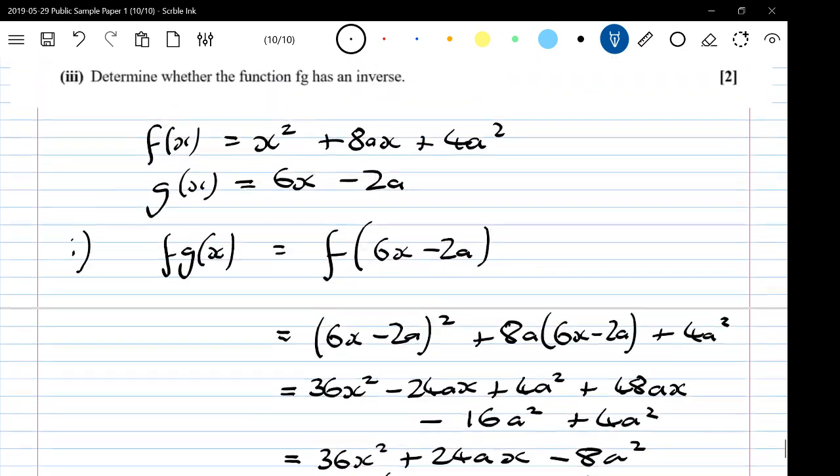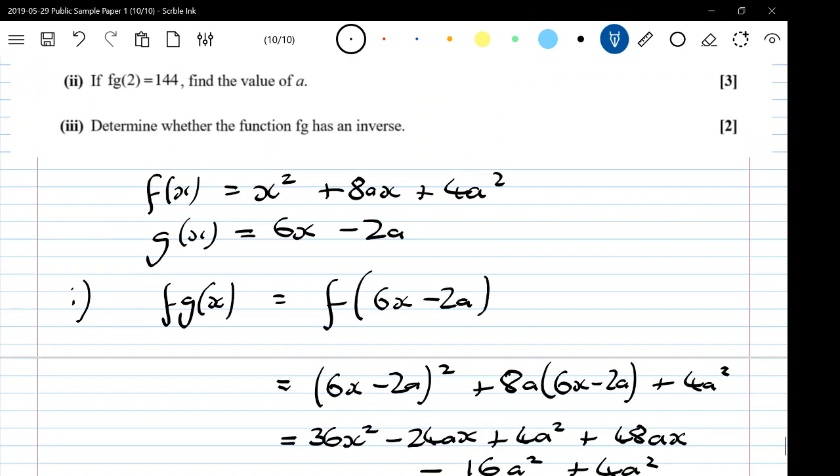Cool. Right, part 3, determine whether the function f of g has an inverse.